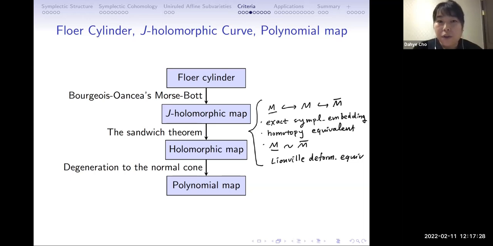The sandwich theorem says that the affine variety has two Liouville domains, M underbar and M upper bar, there is an exact symplectic embedding between them, they are homotopy equivalent, and they are Liouville deformation equivalent, with the primitive one-form conformally deformed.